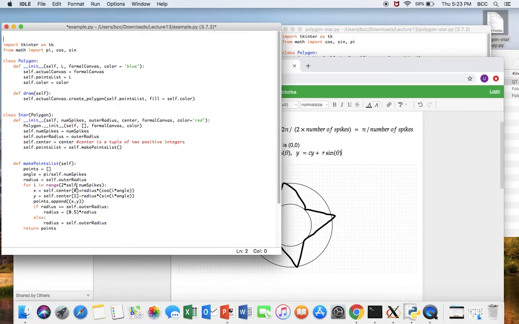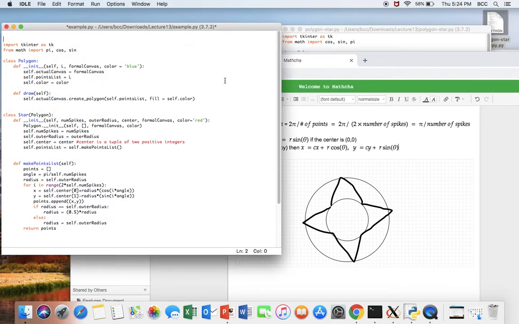Now you want to create 2 times number of spikes points. So you're going through a for loop in the range 2 times self dot number of spikes. Okay. X coordinate is, let's go back to our formula, center x plus r cosine theta.